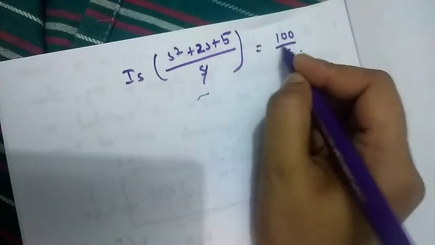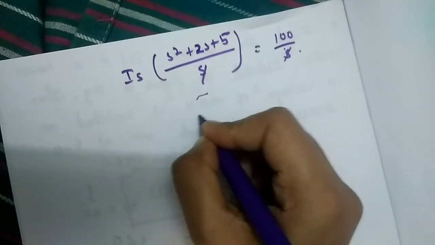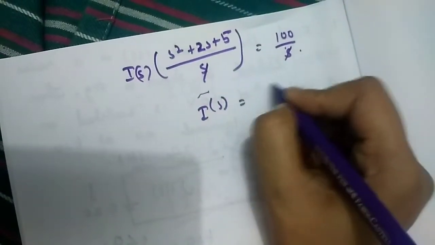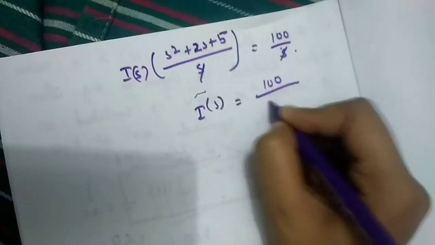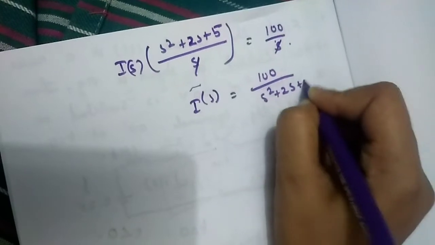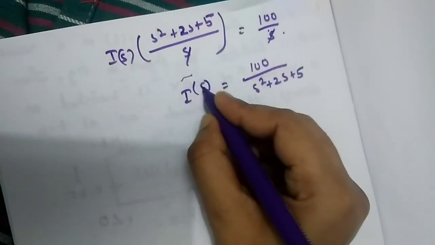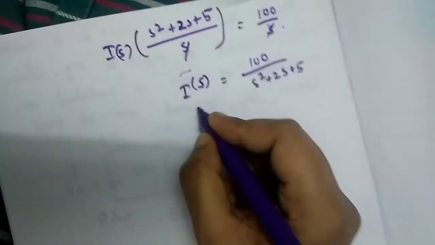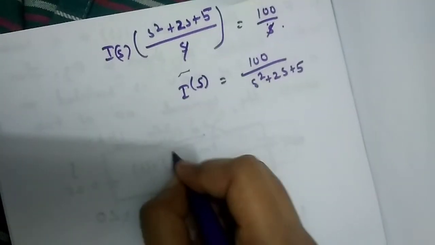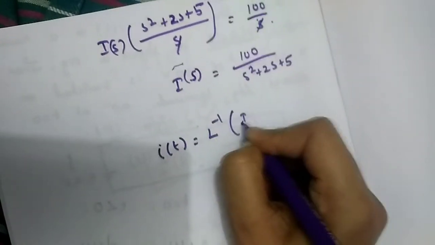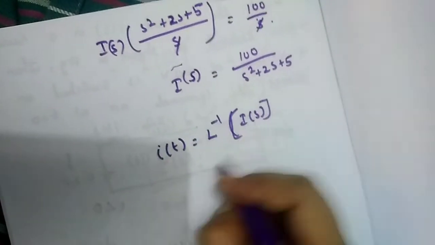So this s gets cancelled, and I(s) becomes 100 divided by s square plus 2s plus 5. This is the Laplace transform of i(t), and from that we have to find i(t), which is the inverse Laplace transform of I(s).